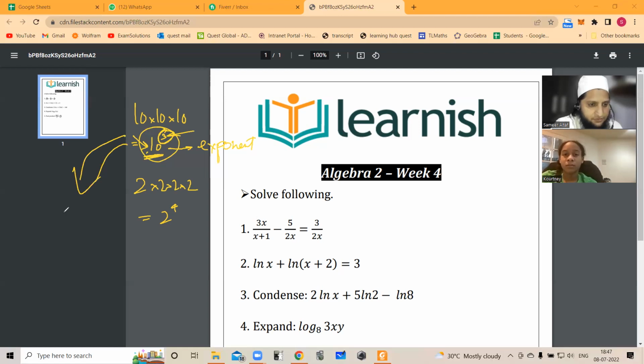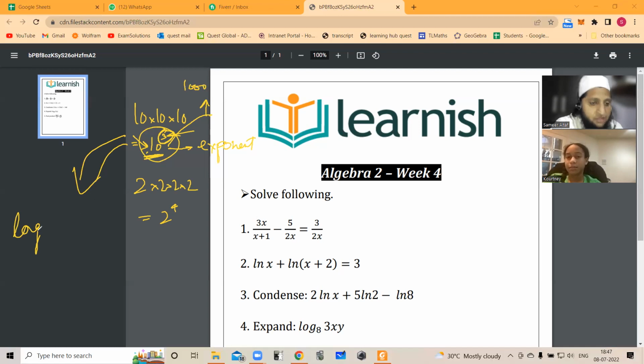What does log mean in terms of this exponent? Because it is exactly the opposite of the exponent. So 10 to the power 3 is how much? 1,000.